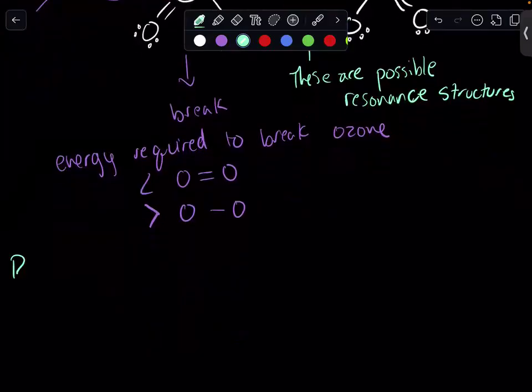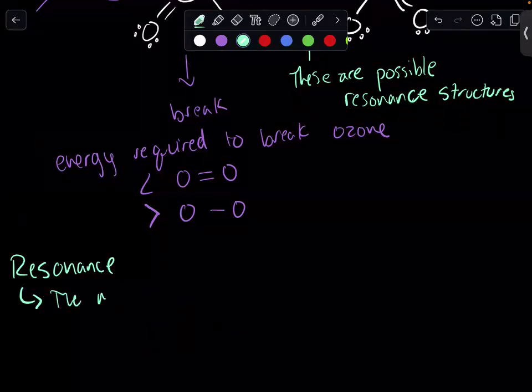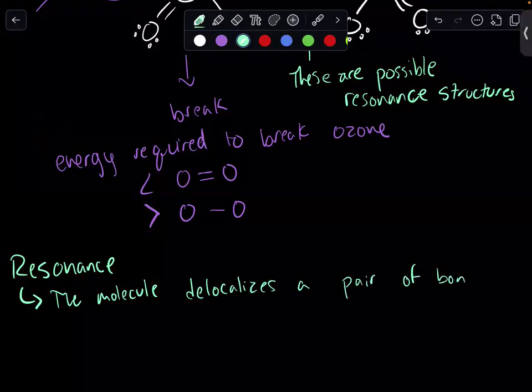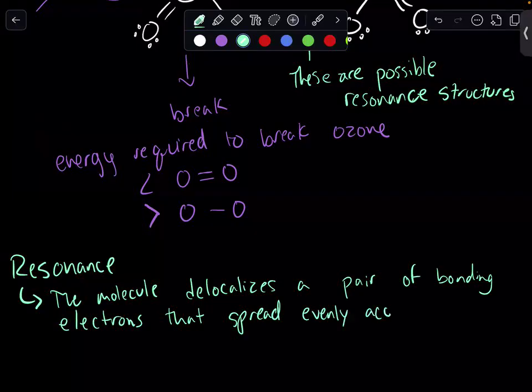Well, what that really means, and what we'll define here, is that the molecule delocalizes a pair of bonding electrons that spread evenly across both bonds.